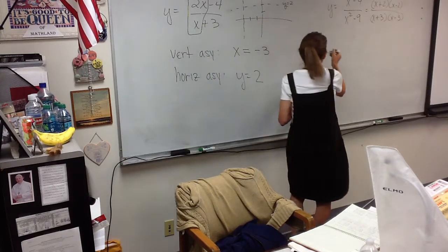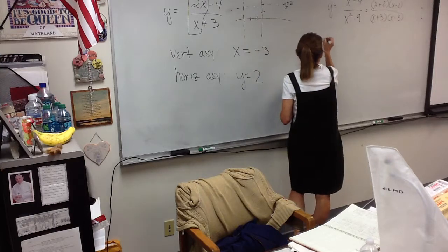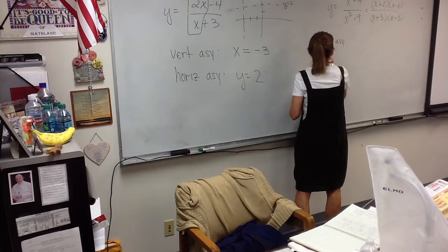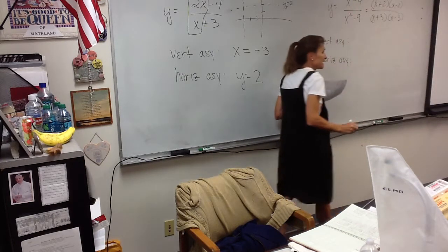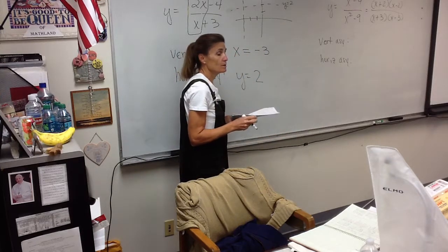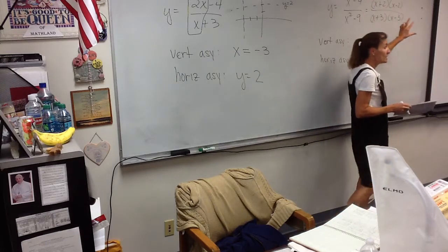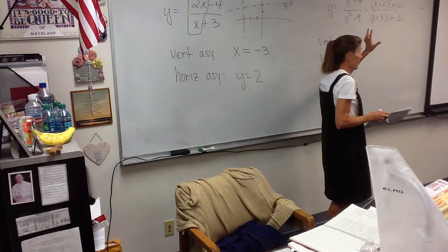Okay. I need vertical asymptotes and horizontal asymptotes. Now, you have to pay attention. Is there a hole? No, because even though we have a lot of factoring going on, nothing cancels out, right? So there's no holes to worry about.